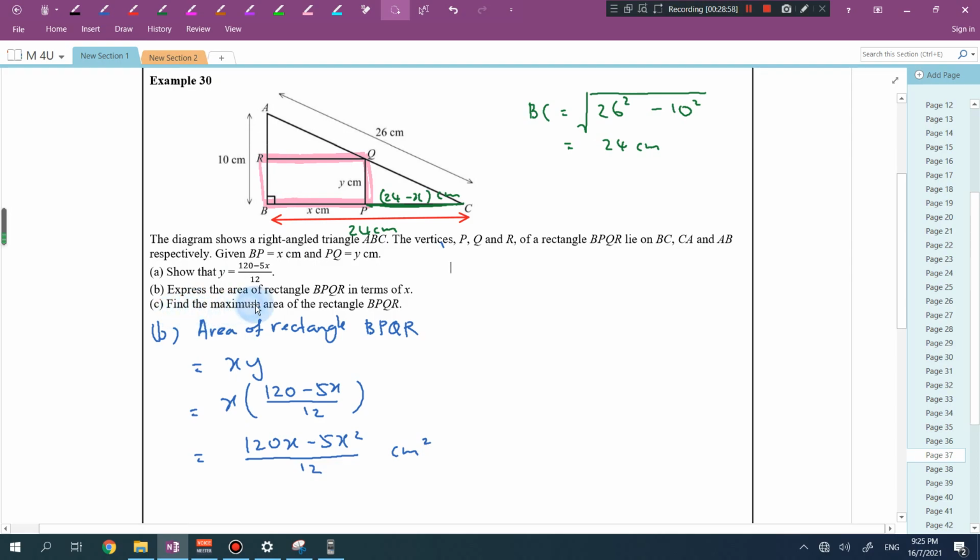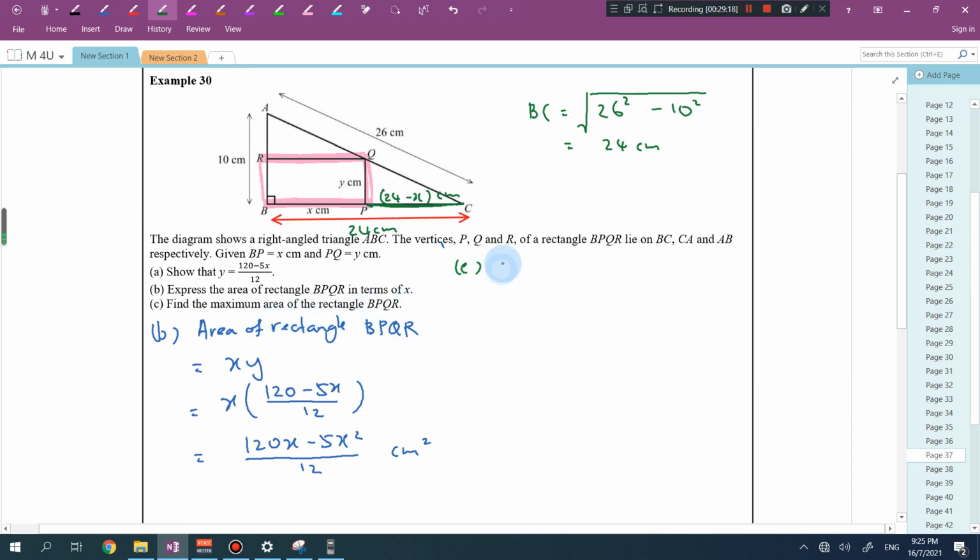Last part, find the maximum area of the rectangle. When the question asks us to find the maximum or minimum, we always think about dy/dx, right? Because at a turning point, maximum point or minimum point, the value of dy/dx will be equal to 0.